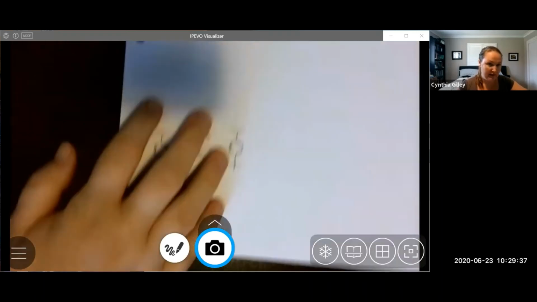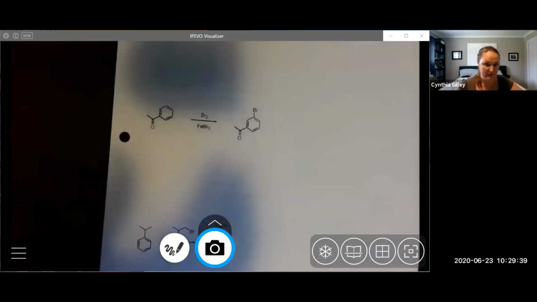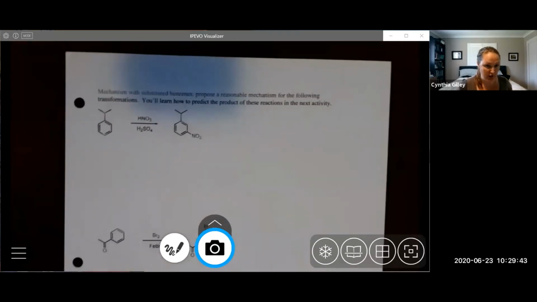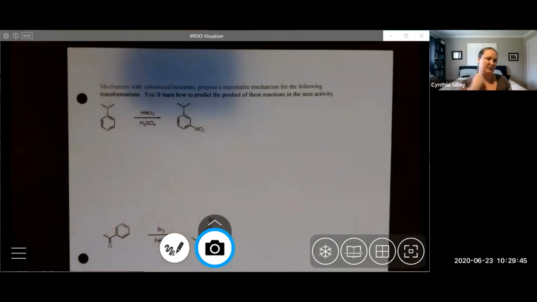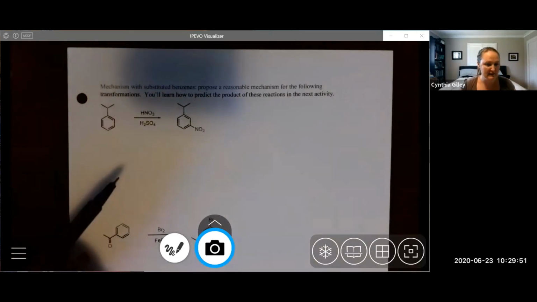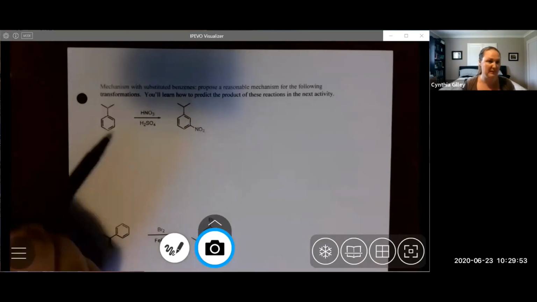Okay, now we are going to start drawing more of the same mechanisms we've been drawing. The difference is that we're starting with a substituted benzene. So previously we've always just used benzene.